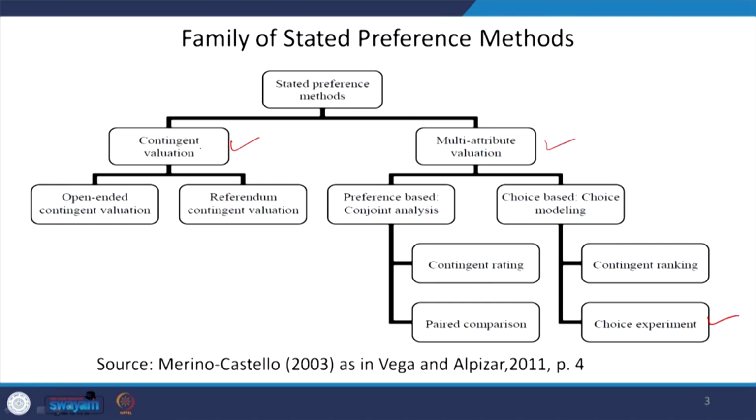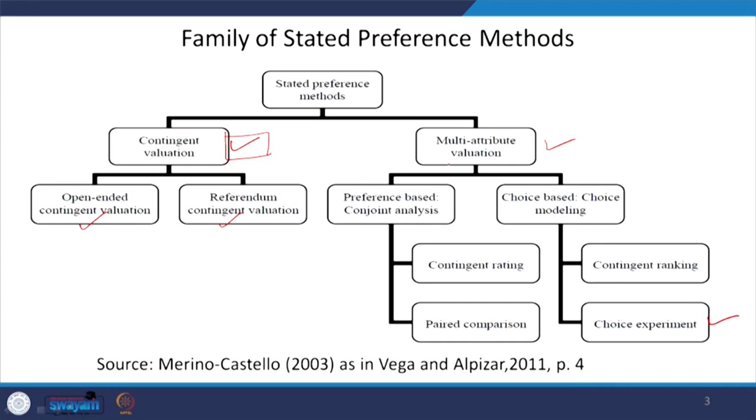Under contingent valuation, we talked about open contingent valuation and referendum contingent valuation. But we have discussed only the simplest form of contingent valuation, and today we will be discussing multi-attribute valuations. That means that if there are multiple attributes, how do we take a decision, or how do we know the welfare implications of a particular change in the presence of multiple attributes.